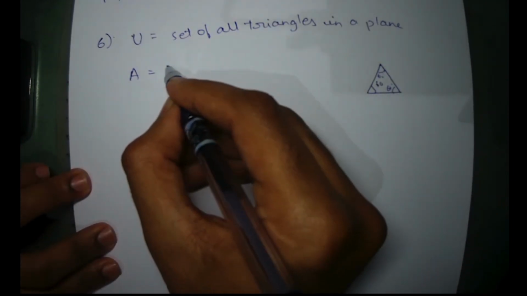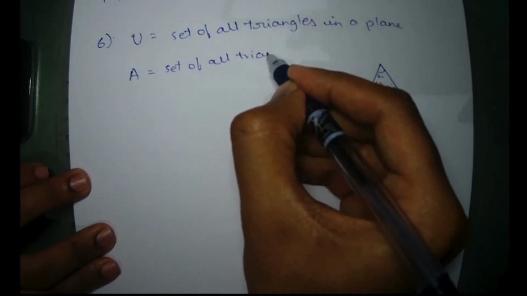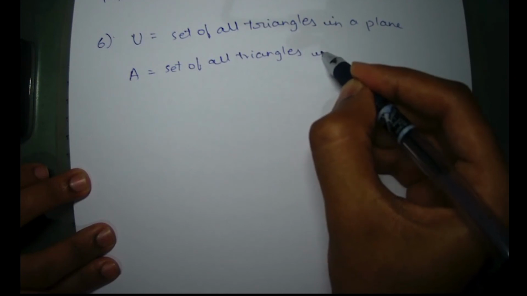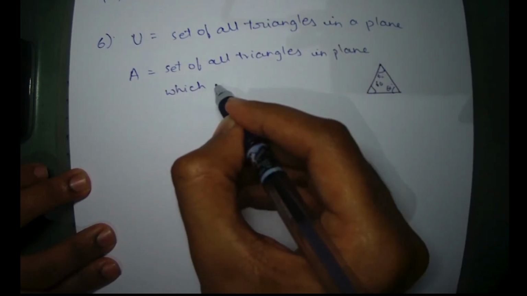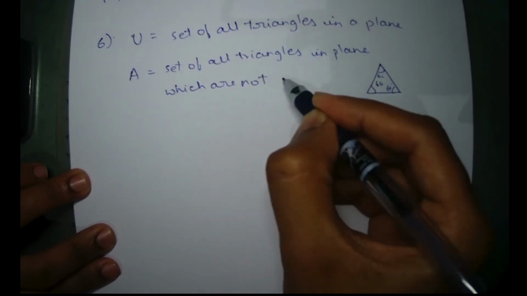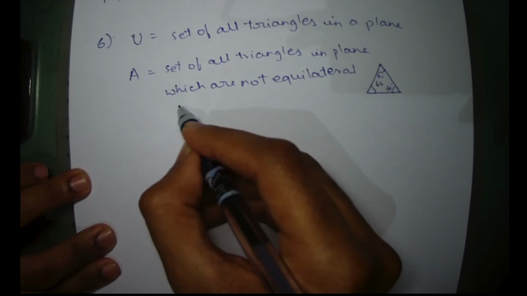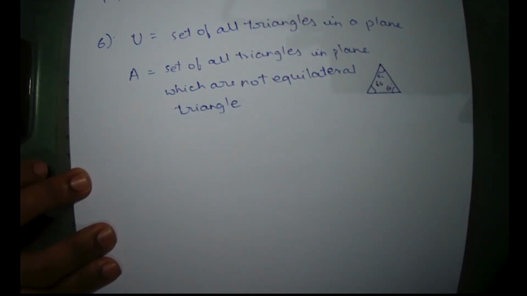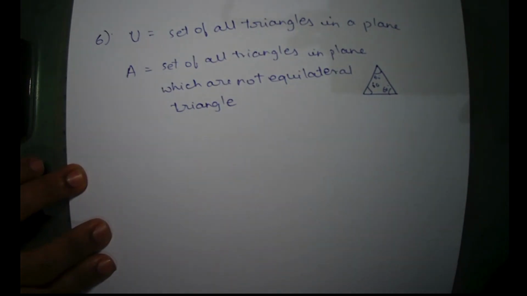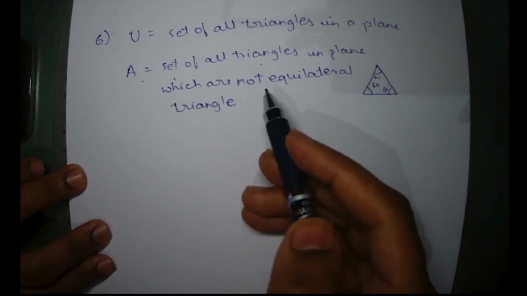So set A is the set of all triangles in the plane which are not equilateral triangles. So set A represents all triangles in the plane which are not equilateral.